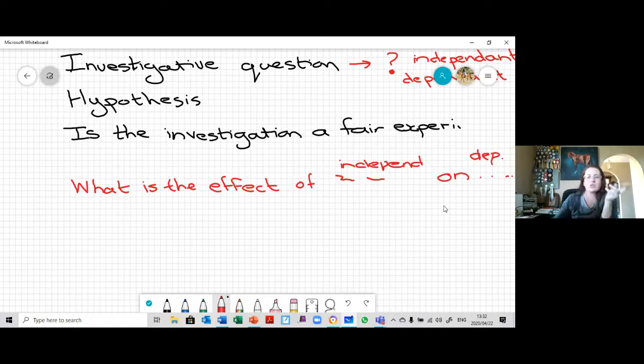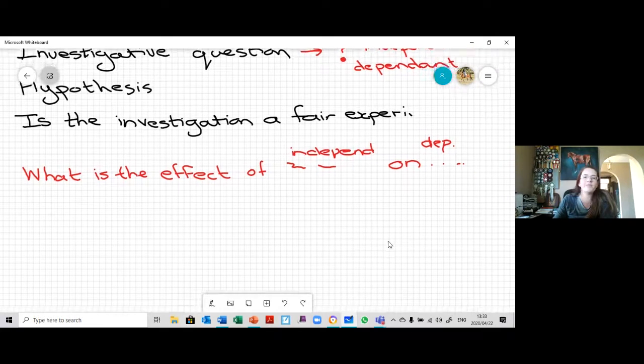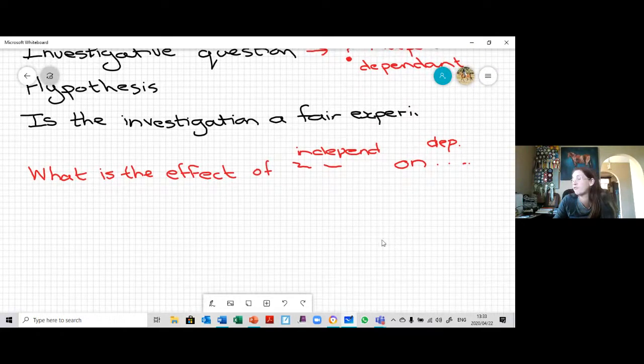For example, if I'm doing a boiling point question and I've got different functional groups, and I'm asked for an investigative question, I would say, what is the effect of different functional groups, the thing I choose to change, on boiling point, the thing that I'm measuring? And then a question mark.